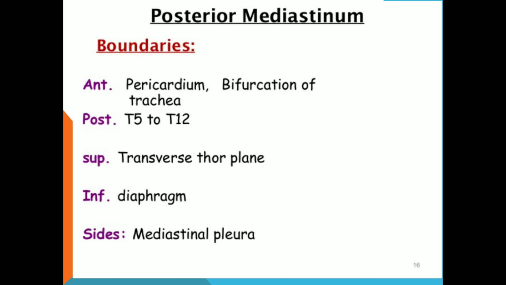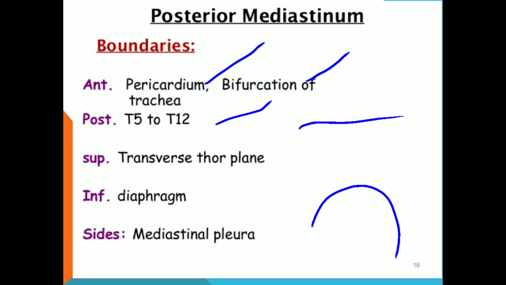Next is the posterior mediastinum, meaning behind the heart you are seeing, that is called the posterior mediastinum. Boundaries: anteriorly the pericardium and bifurcation of trachea, posteriorly it is related to T5 to T12 thoracic vertebrae, superiorly the transverse plane, inferiorly the diaphragm, and on either side the mediastinal pleura.